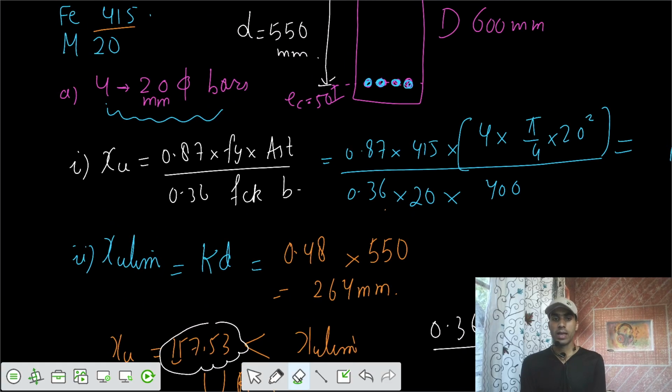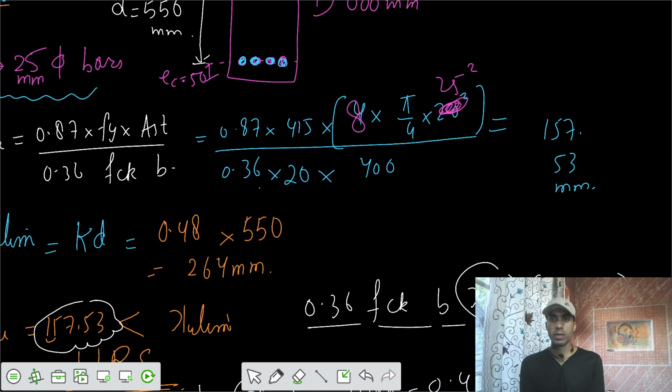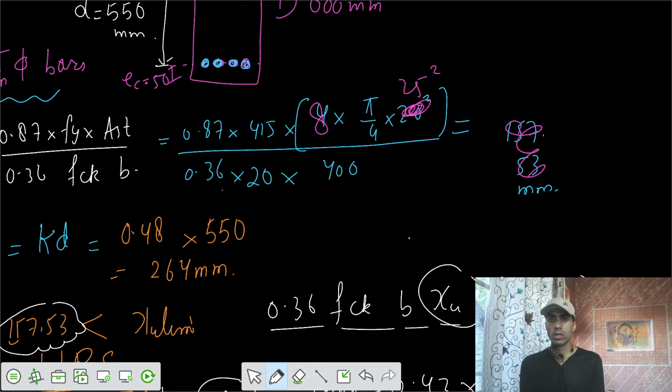Now the second case is that we have 8 bars of 25 diameter. The diameter is 25, and we have 8 number of bars. So we can write the equation of Xu, which would be calculated finally as 492.28 millimeters.